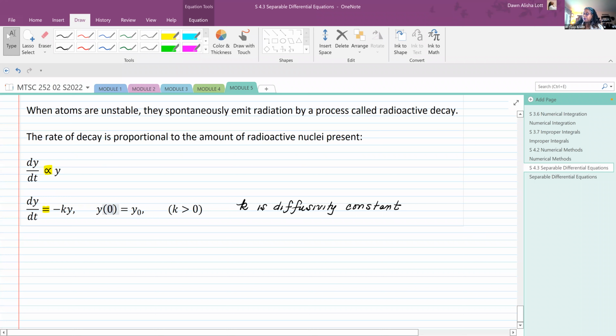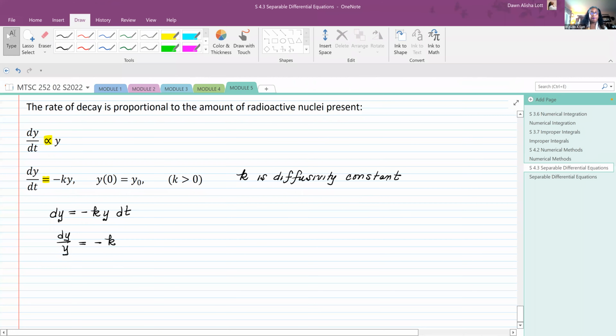All right, so let's solve this differential equation. The dependent variable is y and the independent variable is t. So I have dy equals negative ky dt, so dy over y is negative k dt.